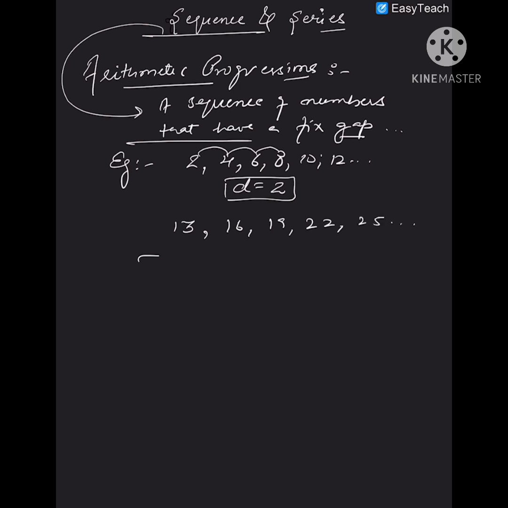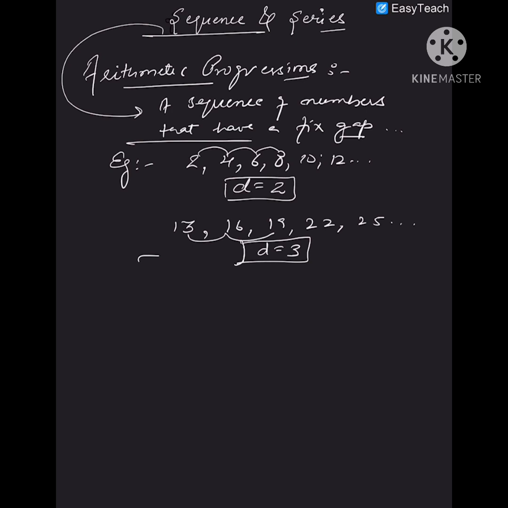Here you can see that there is a difference of 3 between every two terms. So this is what we talk about. This sequence holds some basic difference that is the same throughout, going forward it will remain the same.